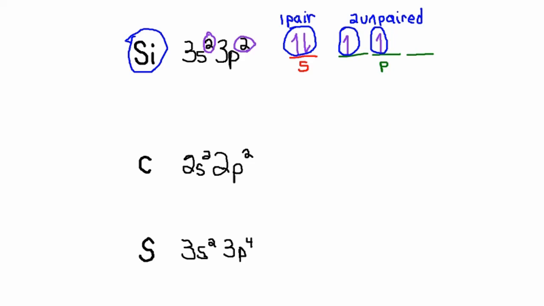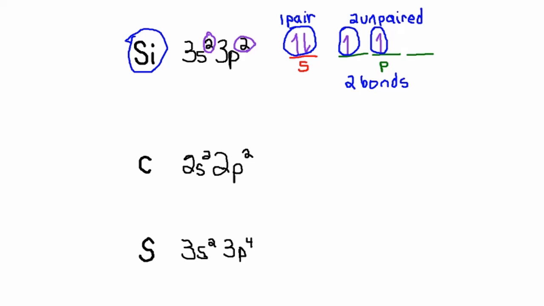It's a complete pair, so it's completely fine by itself for the S. But the two unpaired electrons for the P means that each one of those can form a bond with another atom. So there are two unpaired electrons equals two bonds that silicon can form, because it has two unpaired electrons that are free to bond with electrons from other elements.